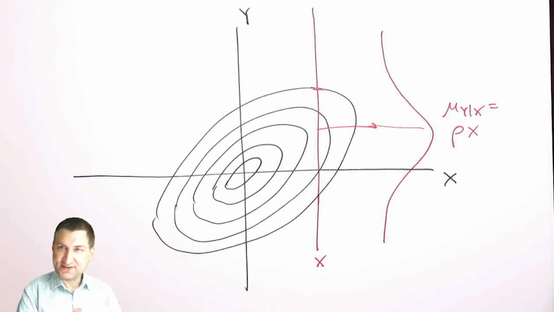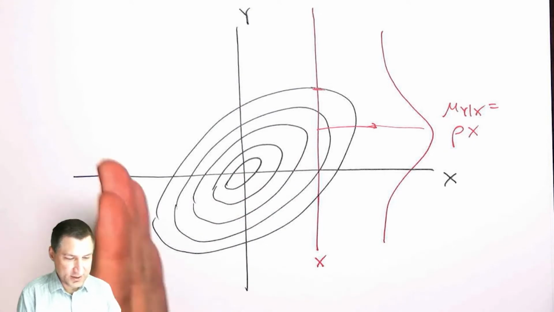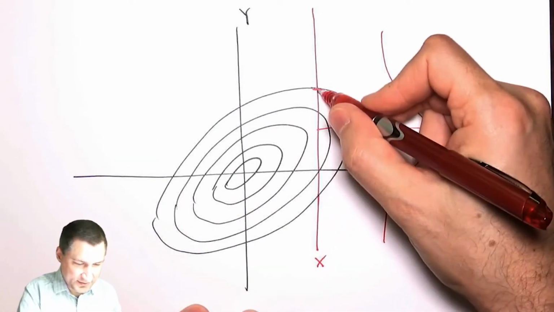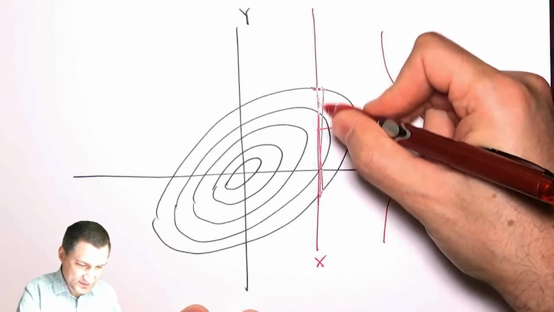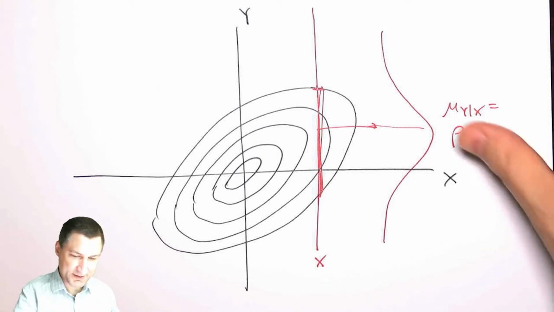So I have this offset of the mean that depends on whatever the value of X was, okay? Whereas if I were to project downwards, I get 0. If I were to just normalize along this line, things are clearly shifted upwards from zero mean, and that's what we showed, okay? So sometimes it's useful to know that the conditional of a Gaussian is also Gaussian with a shifted mean. That can come in handy.